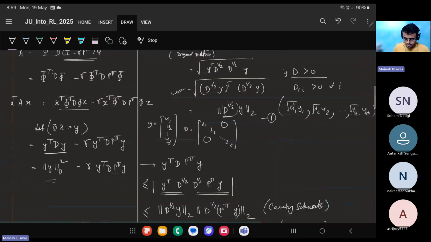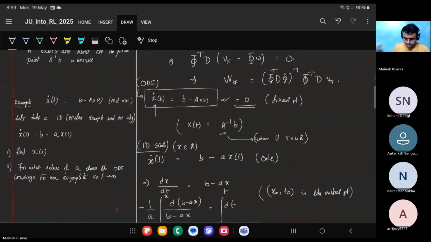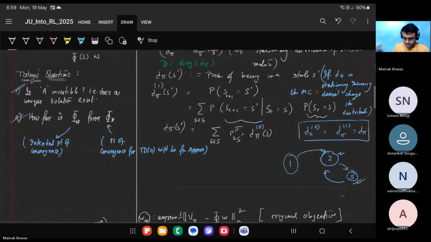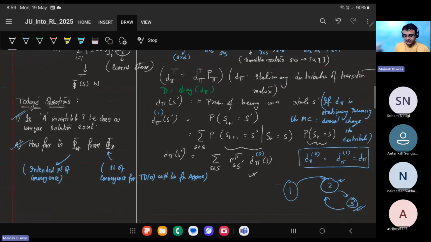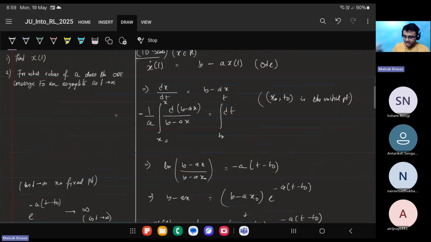I'll just show you where I did it. See, this is exactly what I did. See, this is d pi of s dash, yes or no? So this is basically d pi of s dash.